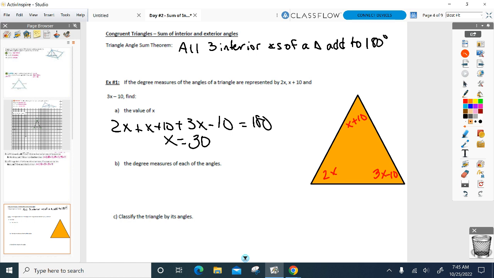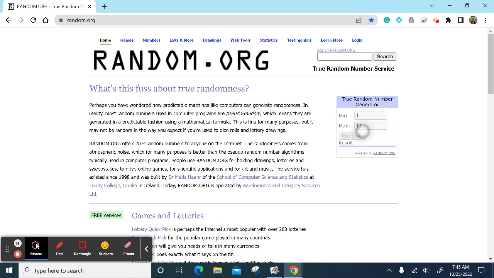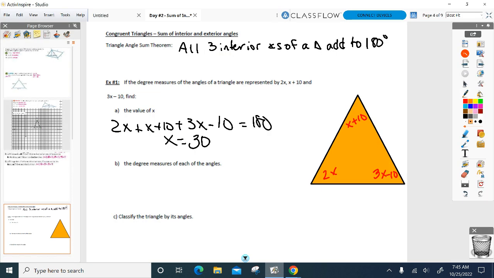Let me know what all the angles in the triangle are going to be. 60, 40, and 80. Got it? All right, now this is going back to yesterday's notes.